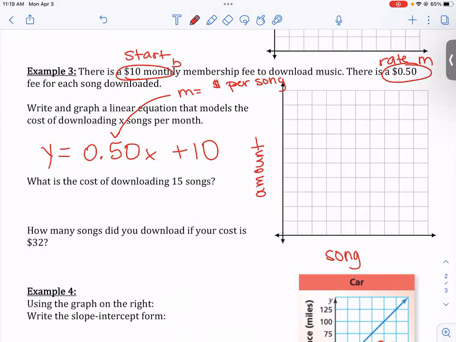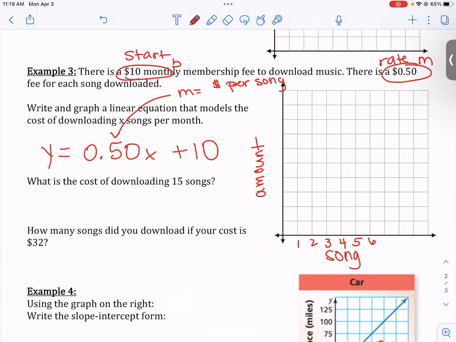So this is the dollar amount per song. So 1 song, 2 song, 3 song, 4 song, 5 song, whatever. Okay.